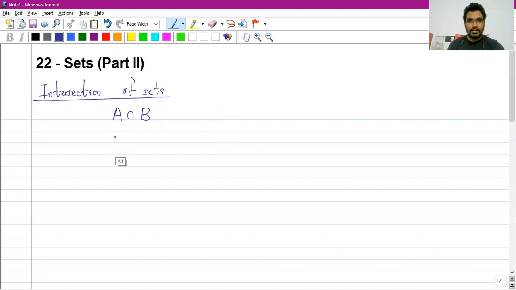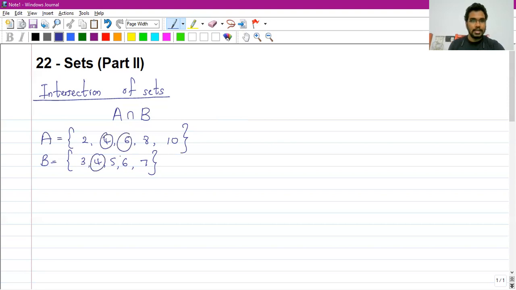Shall we take a small example? If I take A is equal to the set of 2, 4, 6, 8, 10, and B is the set 3, 4, 5, 6 and 7, you can see here that 4 and 6 are common to both of these sets.